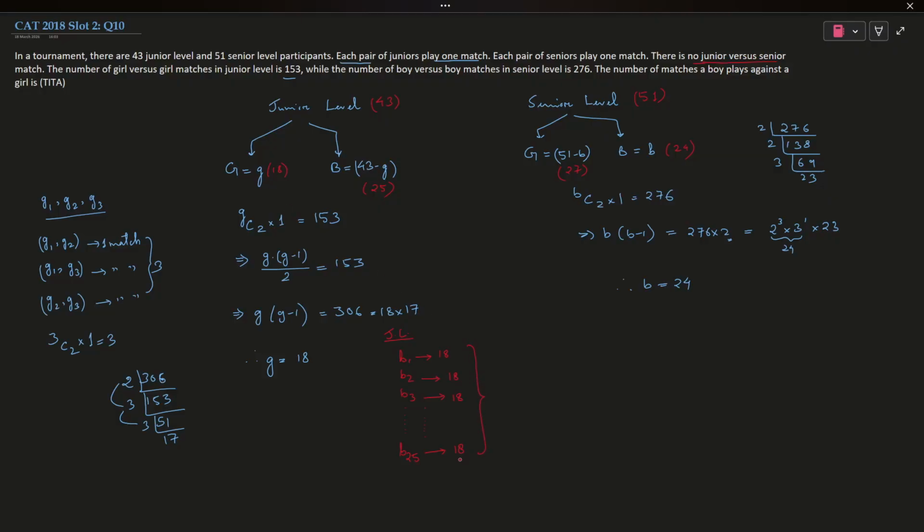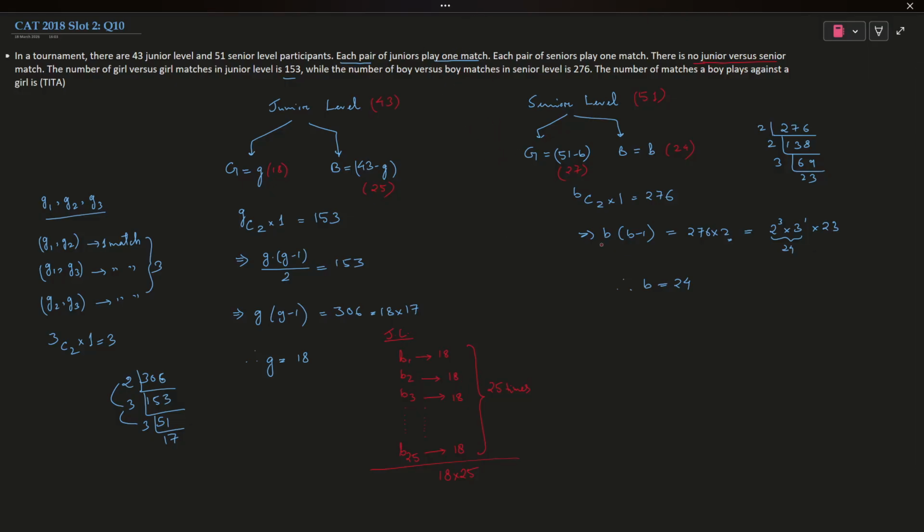So what is the total number of matches? These are 25 times, right? So I have to add 18, 25 times, which will give me 18 into 25. So in the junior level, there are a total of 18 into 25 matches where a boy and a girl will play against each other.